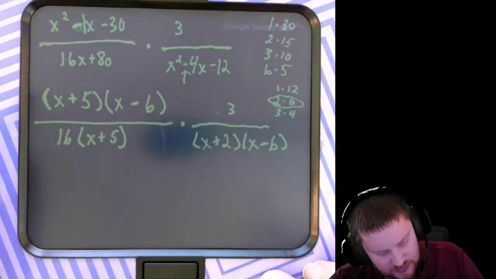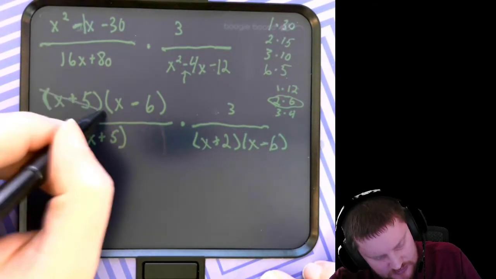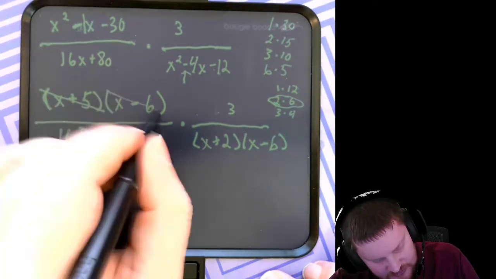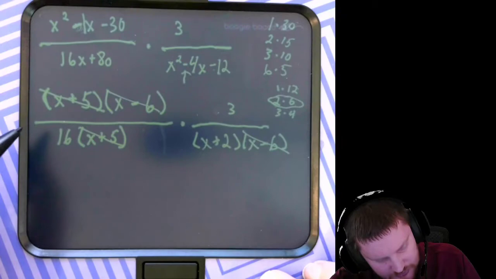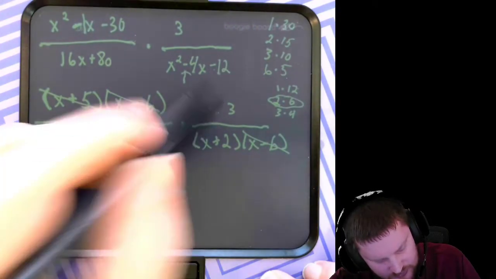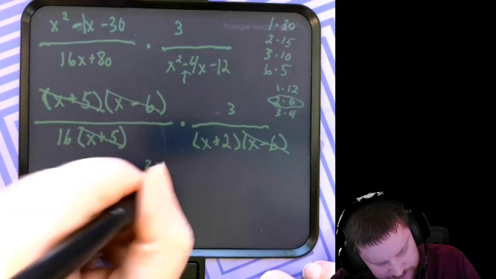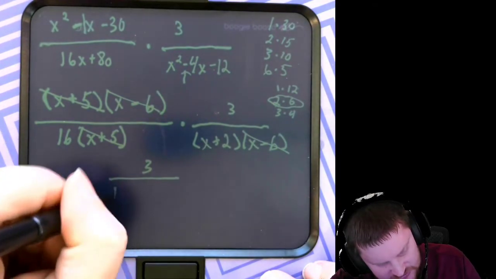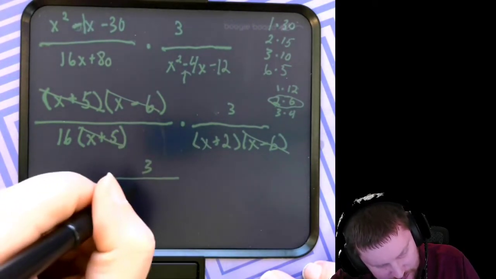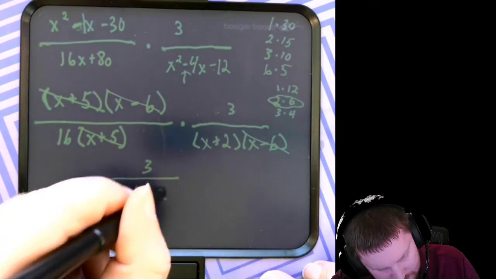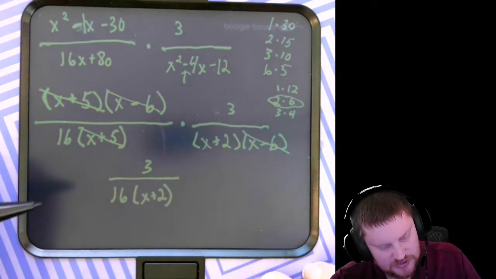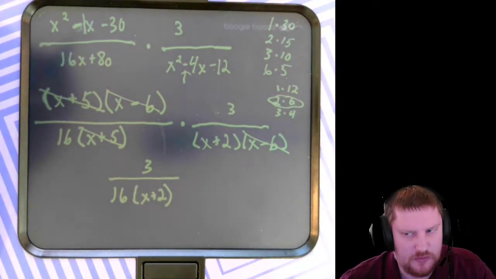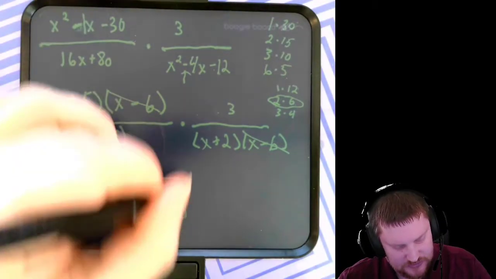Next, just like before, we're going to cancel everything that we can. x minus 5 cancels, x minus 6 cancels. Then multiplying across the top, I'm left with a 3 on top, a 16 on bottom, and an x plus 2 on bottom. 3 and 16 do not share anything, so my answer is just this.